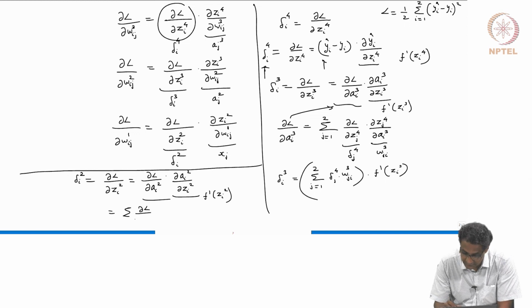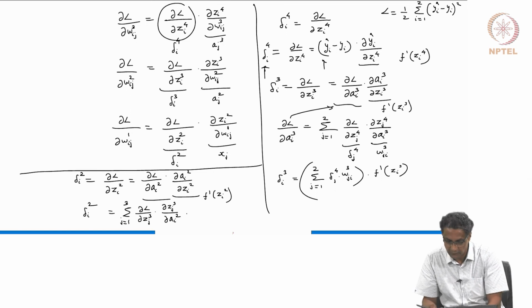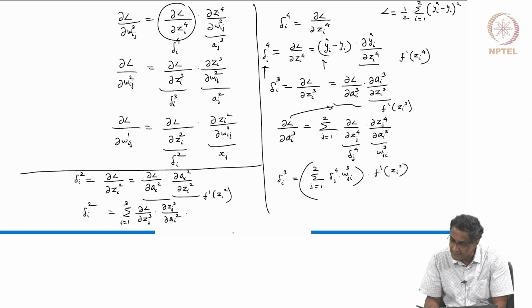So, you get dou L by dou Zj, because we have I on the left, so I can't put I here. This is delta I2. We will change this notation to J, where J goes from 1 to 3 now, because three of them will get affected. So, J equal to 1 to 3, dou L by dou Zj3 and then dou Zj3 by dou Ai2. Alert me if we are making a mistake somewhere.